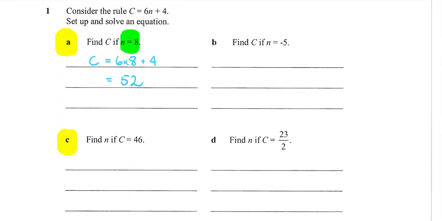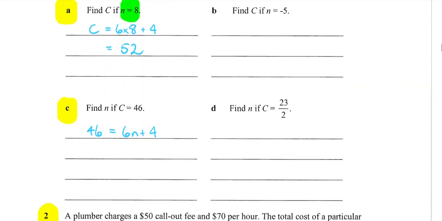This one looks the same, but I'm actually going to have to solve the equation to do this. Because I know that C is 46, so that's going to be on this side. 46 equals 6n plus 4, and I need to rearrange the equation to find out what n is. Okay, now n's on the right side, which is not usually our comfort zone, but we can do it.